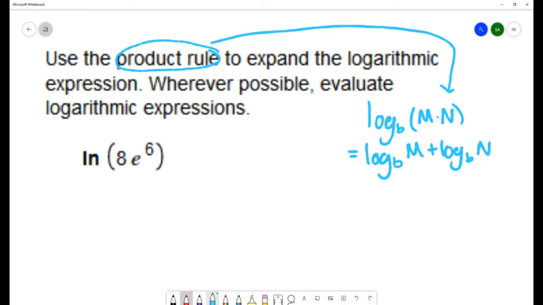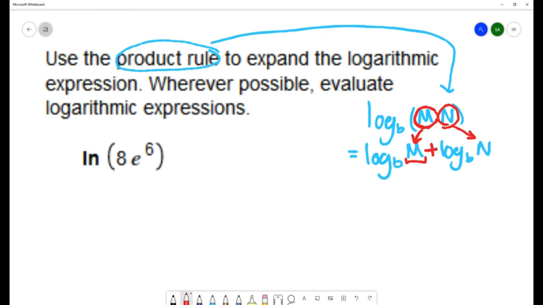So you'll notice here that your factor of m went inside its own log, your factor of n went inside its own log, and we add those logs together. So this is the product rule for logarithms.